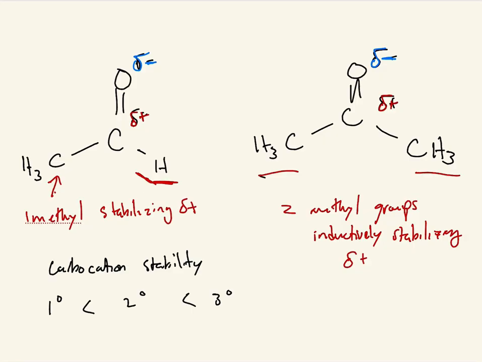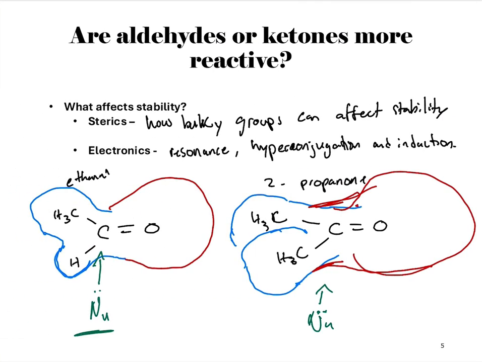Right? So because the aldehyde doesn't have that extra R group or carbon atom there, it's going to be less stable, right? And if it's less stable, that means it's going to be more reactive, right? So in general, the aldehydes are going to be more reactive than the ketones for this reason, because you have less stability of this partial positive charge, and also because of what we talked about before, which was the sterics, right?